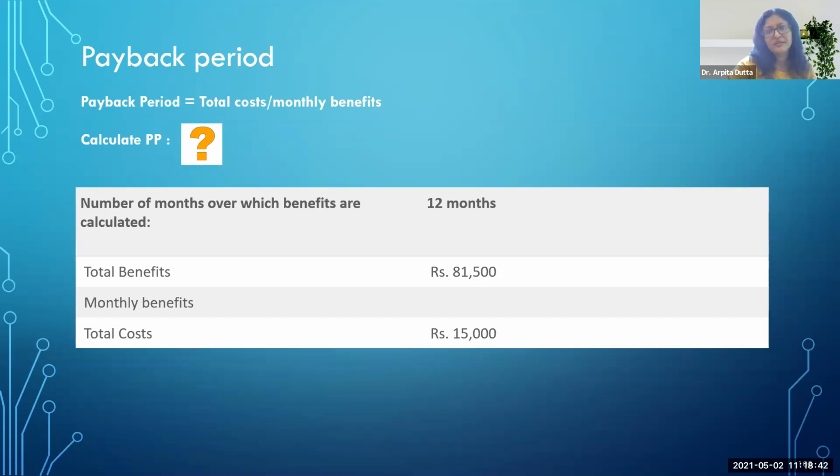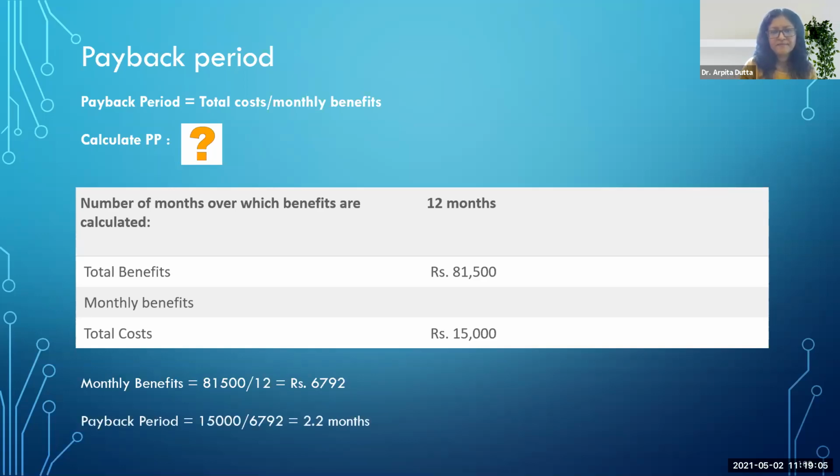So what is the monthly benefit? 6791.66. Okay. And the total cost is what? 15,000. Now, if you place it in the formula for payback period, is this what you get? Yes. Okay, so this is a simple calculation of payback period.